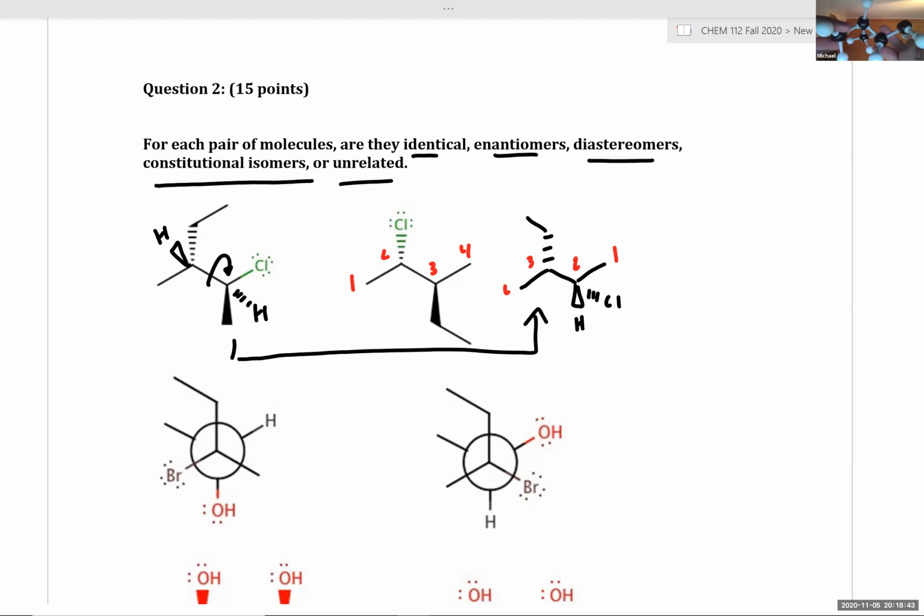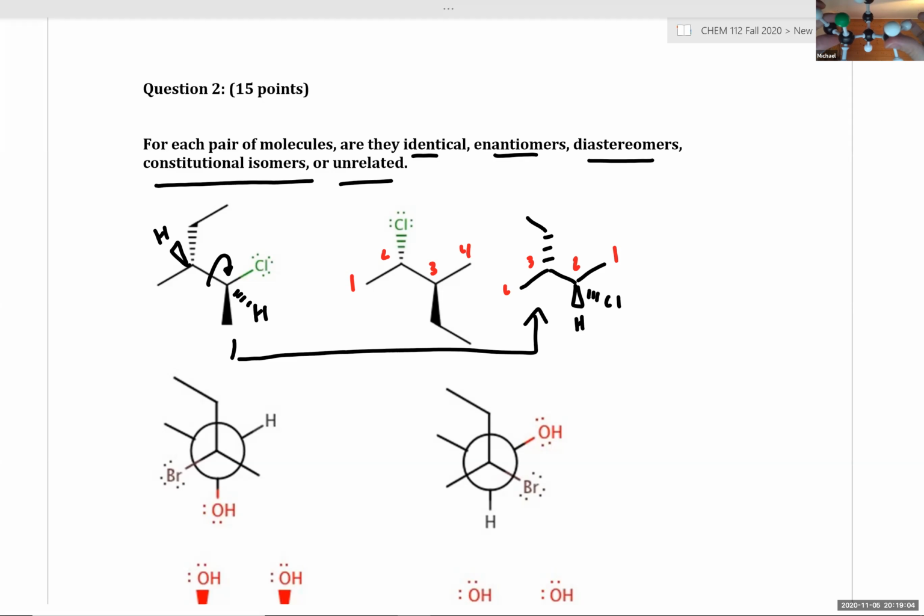So now we're going to rotate this molecule so that this ethyl group is now on our carbon 2.